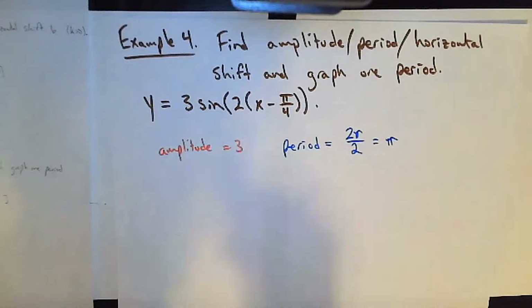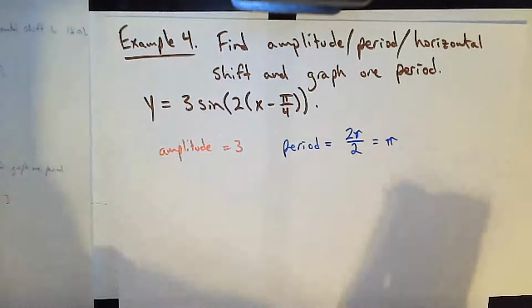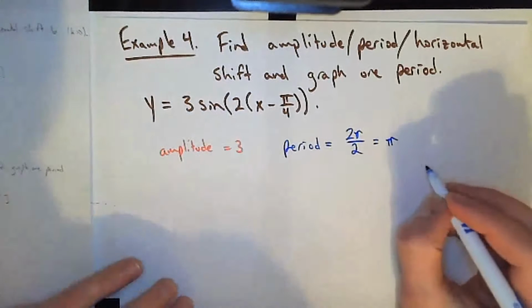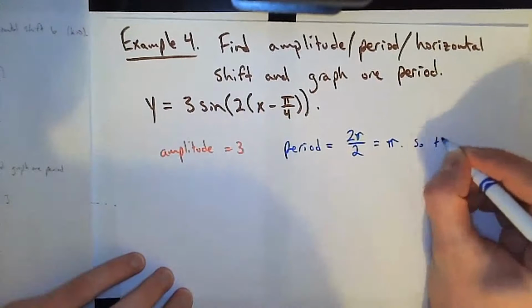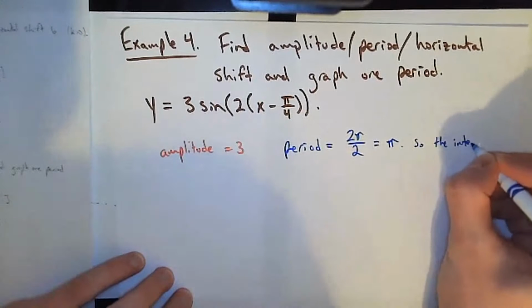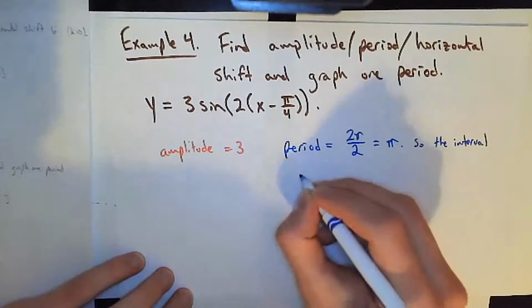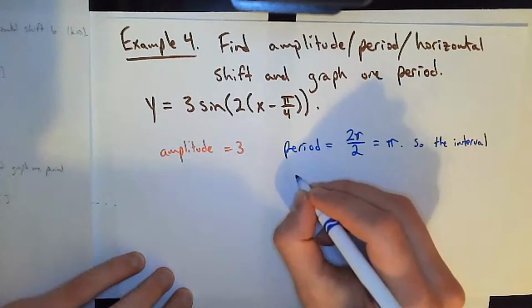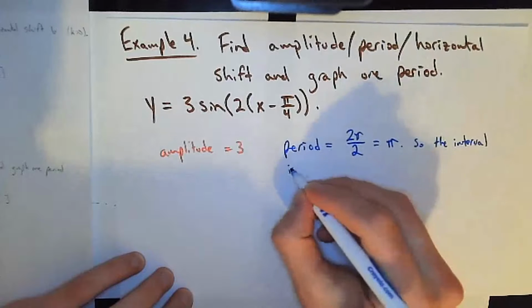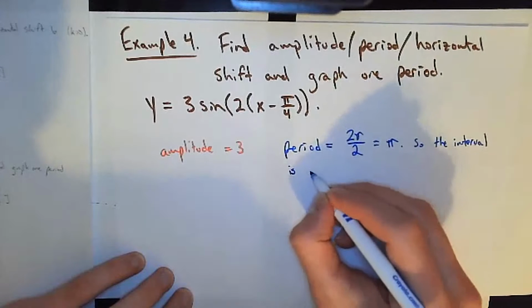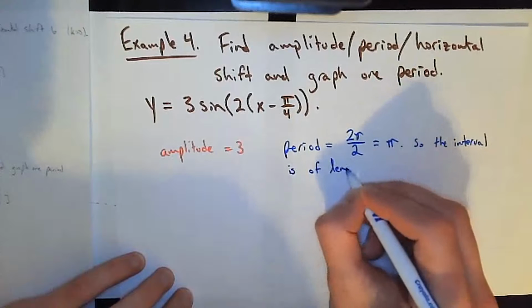What else does the period tell me? The period's arguably one of the most useful things to think about. So the interval I'm going to graph on is of length pi.